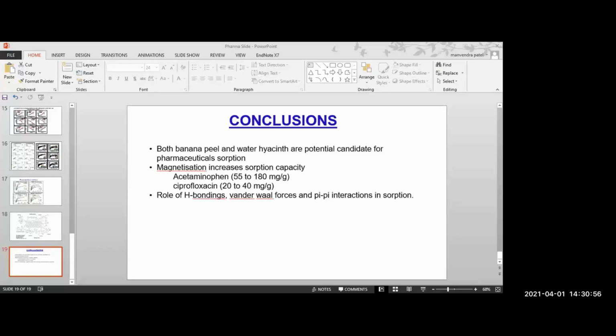What I have presented is just the first part of my study, and currently I am working on utilizing these materials for a large number of pharmaceuticals. We are preparing filtration units which can utilize these biochars for pharmaceutical remediation. So this study is currently in process and we are working on it.